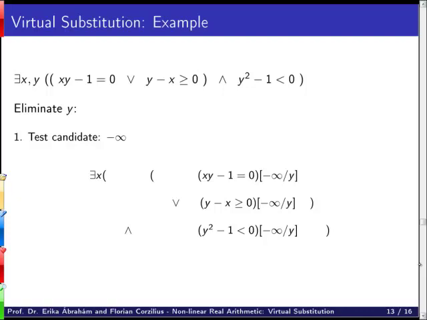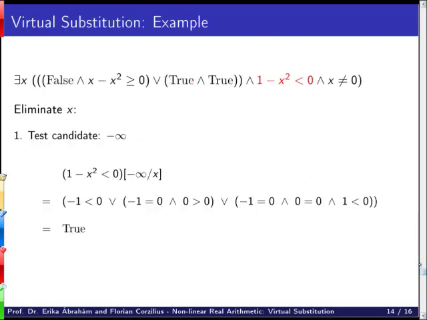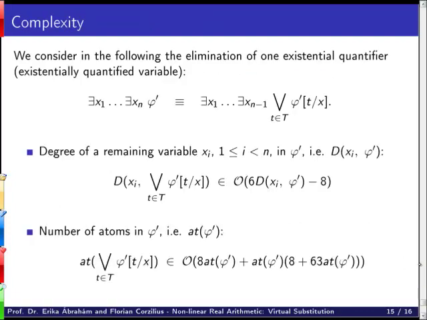And what I can give you is the complexity. This is not a very nice complexity analysis, but this is from the paper of this virtual substitution. What you can see is that one elimination step gives us a polynomial complexity.